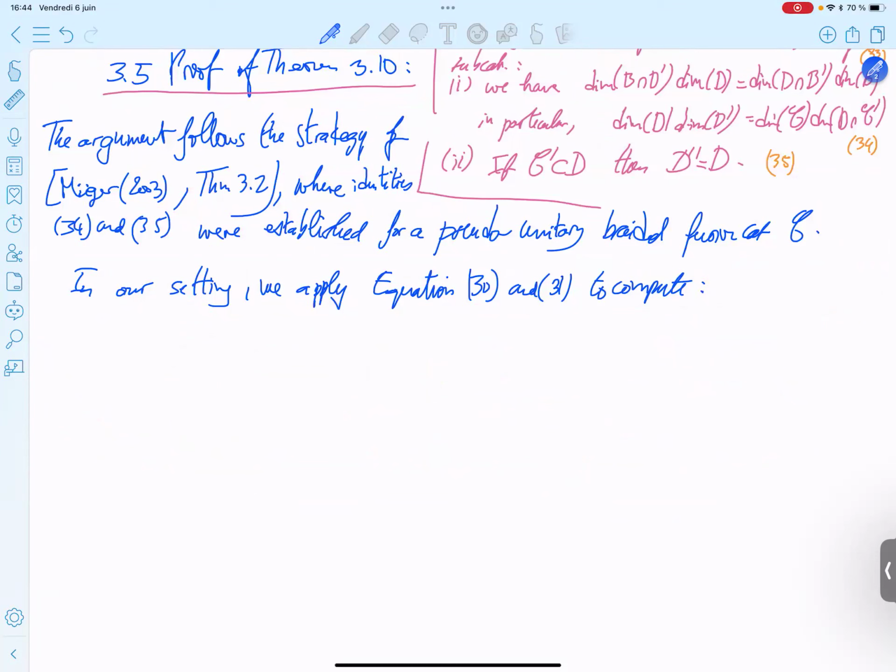Okay, so we will make a sum. So we will consider this xz. So you have x and z. Here x will be in D and z will be in B. So we consider that we make the sum for x simple in D and z simple in B. And we will apply 30 and 31.